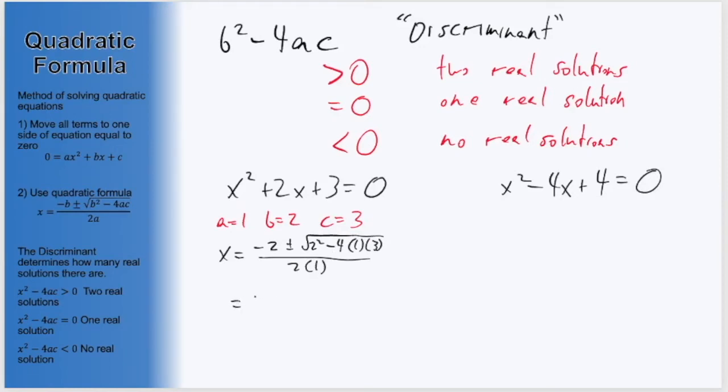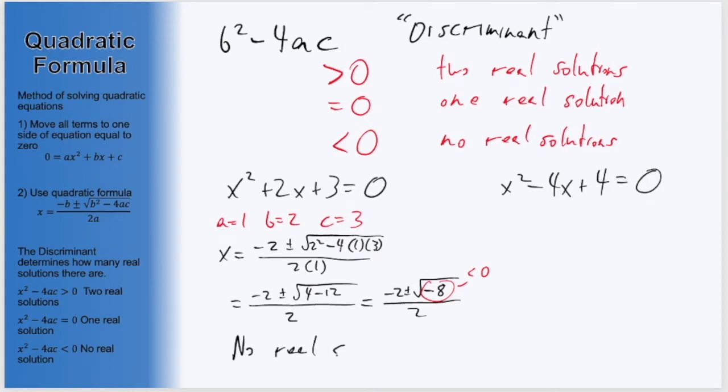Doing some of the math here, we get minus 2 plus or minus the square root of 4 minus 12 all over 2. What we get under the square root, 4 minus 12, is negative 8. So our discriminant here is less than 0, and we're trying to take the square root of a negative number, and this is why we get no real solutions.